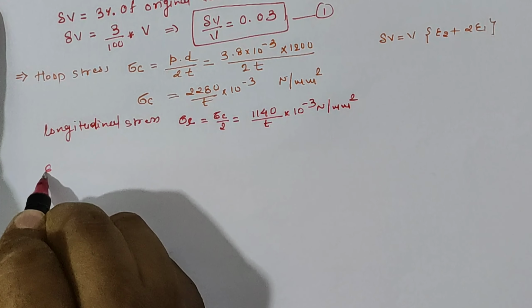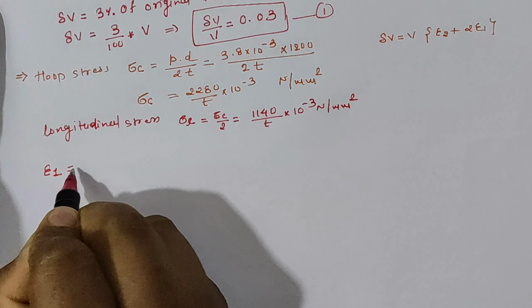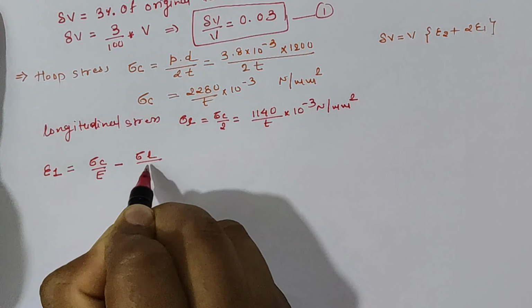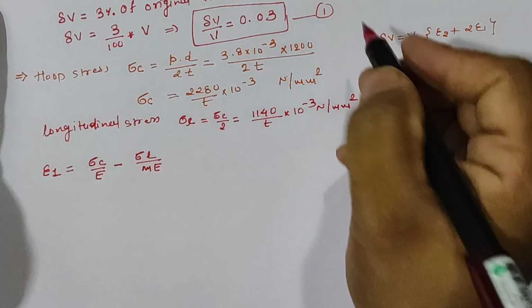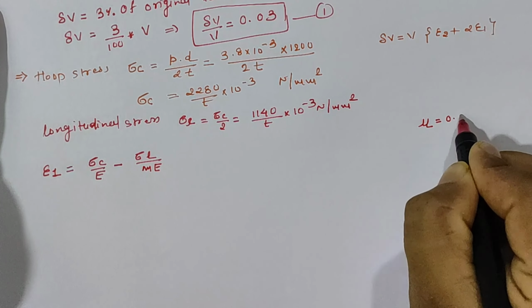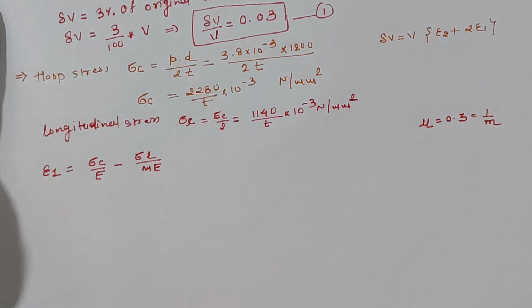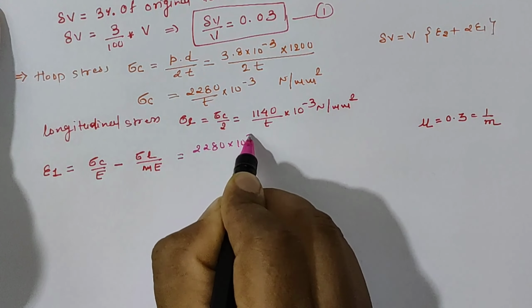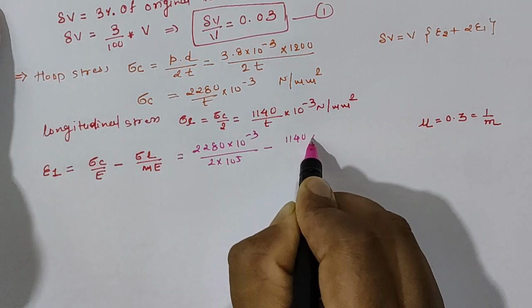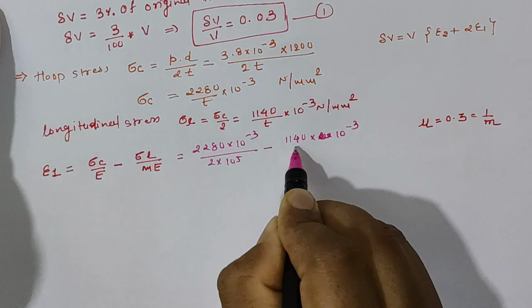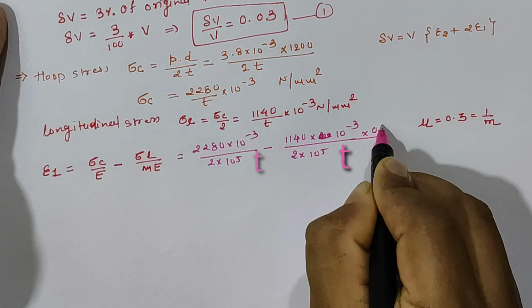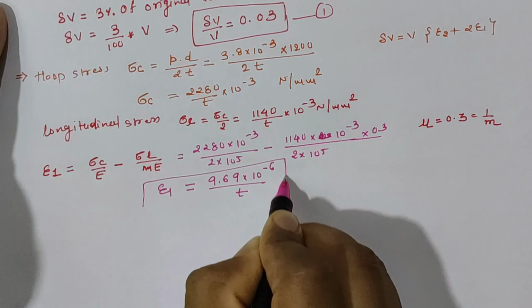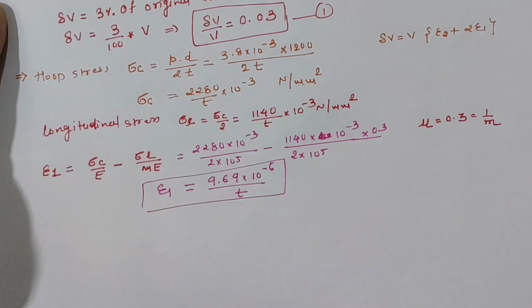Now we know that the value of E1 can be written as sigma c by E minus sigma L by m E, and assuming Poisson's ratio as 0.3, which is equal to 1 by m, and putting all the values we will have E1 value as 9.69 into 10 raised to minus 6 by t.